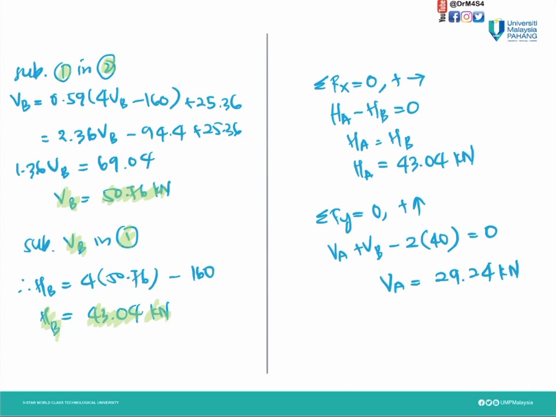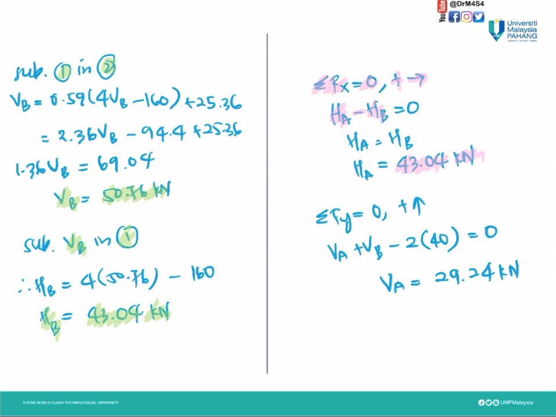Next, we have to take summation of Fx equal to 0, positive to the right. That means horizontal A minus horizontal B equal to 0, HA equal to HB. So our HA is 43.04 kN.